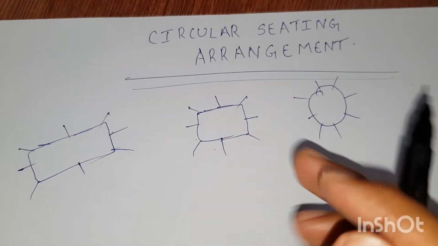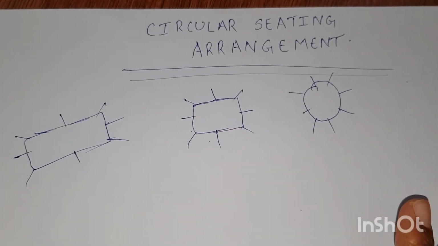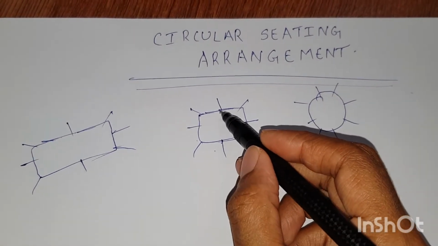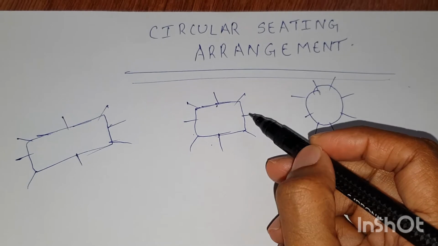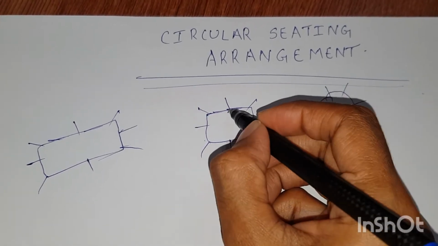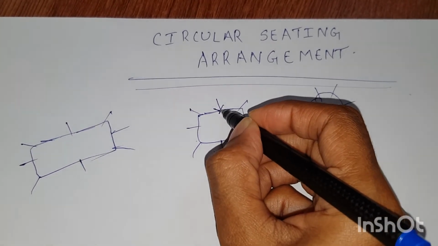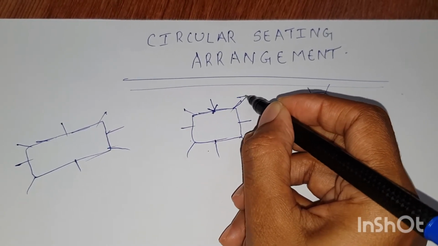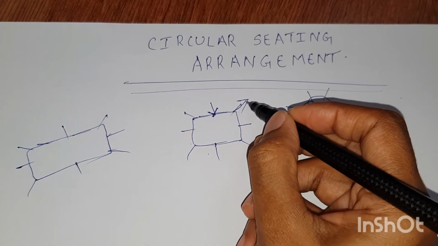Okay, understood? Now the next point to remember is that if the question says some of them are facing the center and some are facing outside, facing the center means the arrow should be inside, and facing outside means the arrow should be like this, opposite to the center.